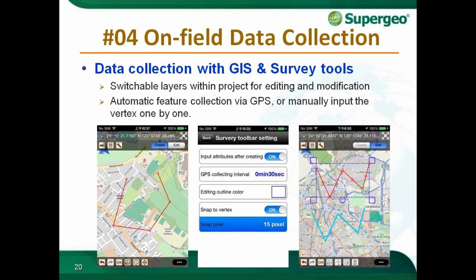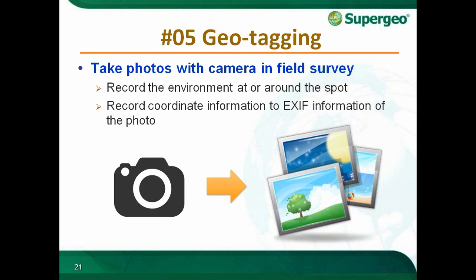Okay, so now you can see on the screen we have three different pictures. You can see below that our editing tool is very useful, with which you can enter the different features, and they will also be editable. And with your survey, you can collect different kinds of features, like a point layer, polyline layer, or polygon layer.